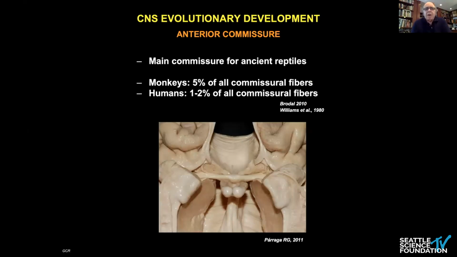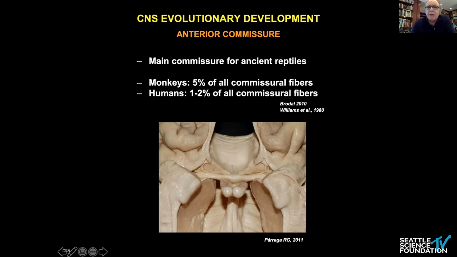Now, parallel to this development of complex structures, it's very interesting to see that some structures underwent an evolution and turned into vestigial structures. A very good example of this is the anterior commissure, which was the main commissure for ancient reptiles.